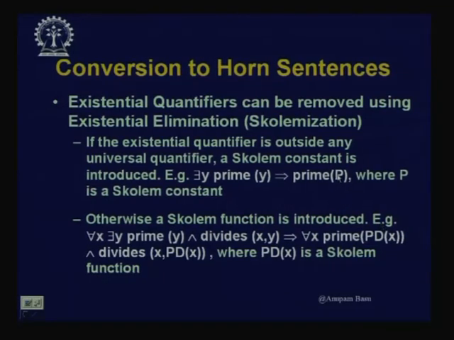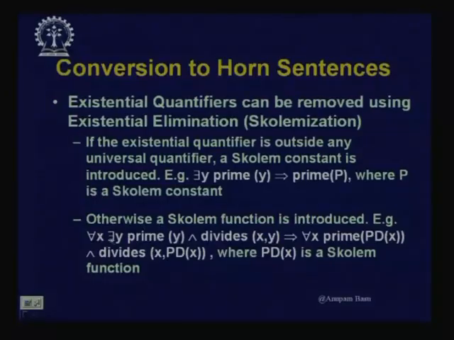When I do not find a constant, I can still leave the responsibility to a function, a magic function which will somehow find a particular constant value which will satisfy the clause or the sentence. It will find that constant if there exists something. For example, here for all x there exists y, prime y and divides x y. This one can be, here y is universally quantified.